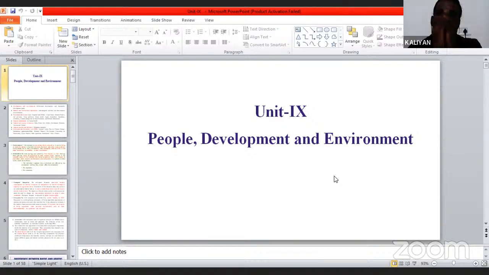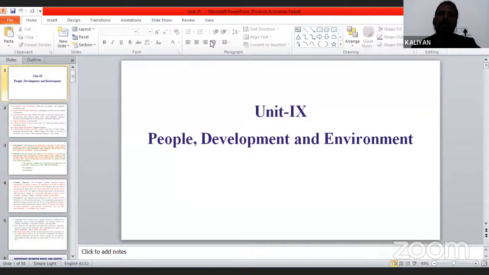Conventions are very important, along with the Millennium Development Goals and Sustainable Development Goals, types of pollution, and the different environment-related acts in India.